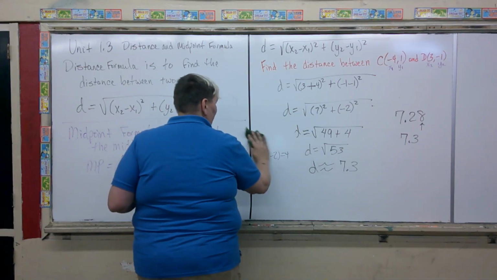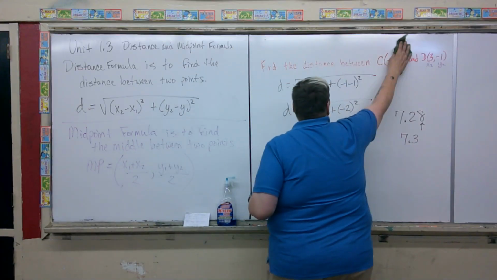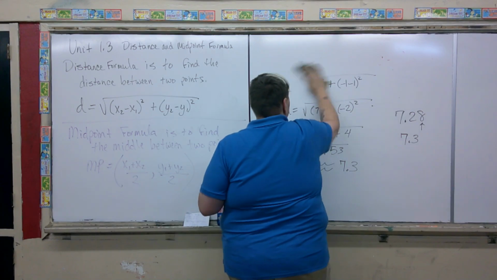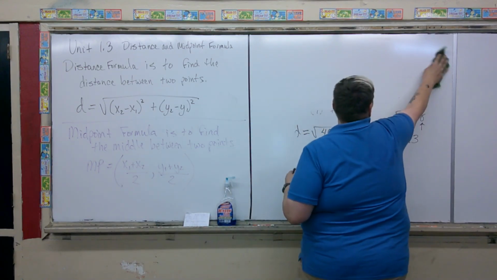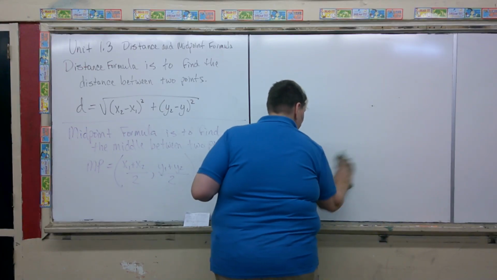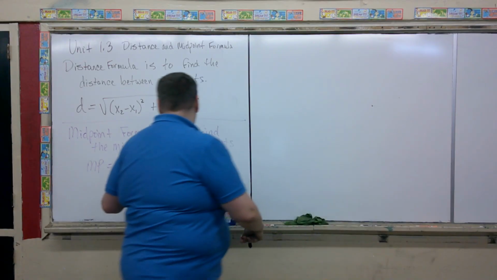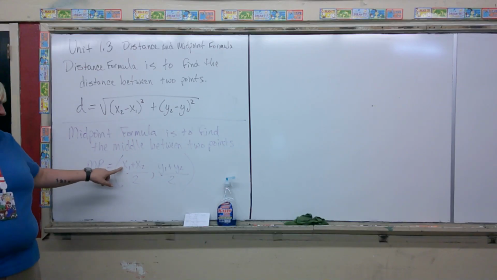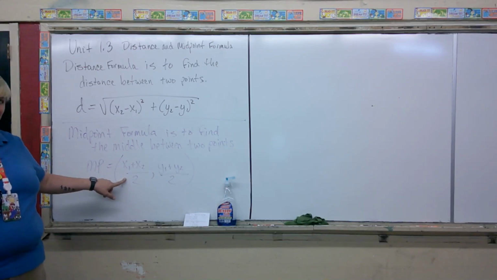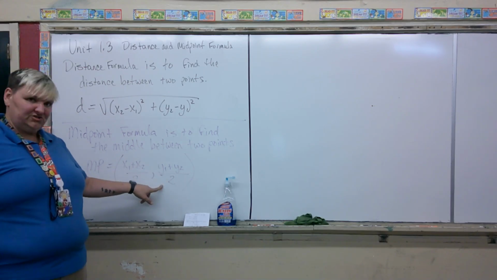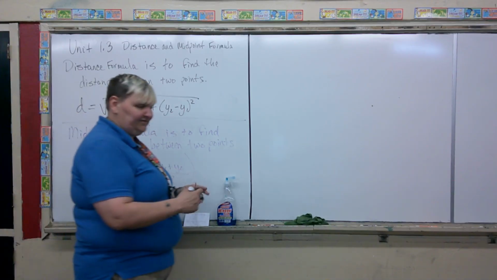Now, let's do midpoint. You'll find midpoint is a whole lot easier, and you'll wonder why we didn't start there. That's all right. Remember, the midpoint formula is to find the middle between 2 points. x1 plus x2 divided by 2, comma, y1 plus y2 divided by 2, all in parentheses.